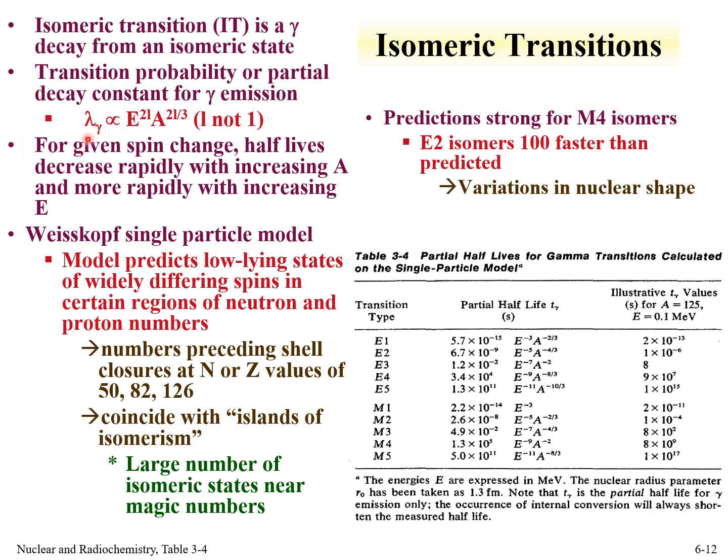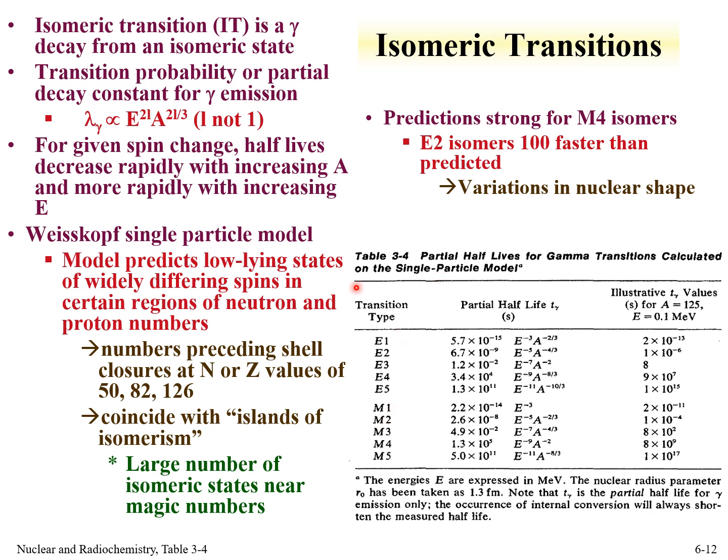The probabilities are based upon the energy and the A and the L. And fundamentally, what this says is for a given spin change, the half-life of this isomeric state decreases rapidly with increasing A and even more rapidly with increasing E. There are models called the Weisskopf single particle models, which are used to predict low-lying states, and they can be used to evaluate the expected half-lives of these isomeric states.